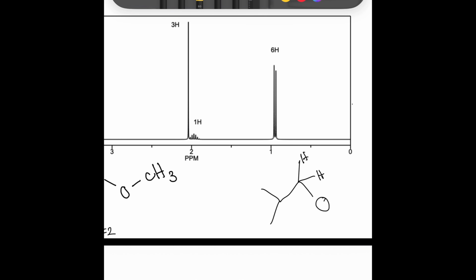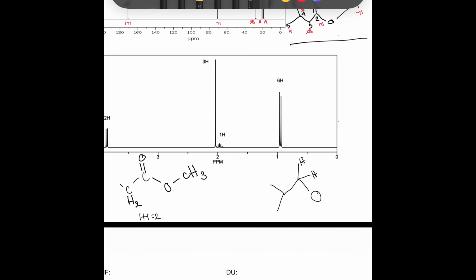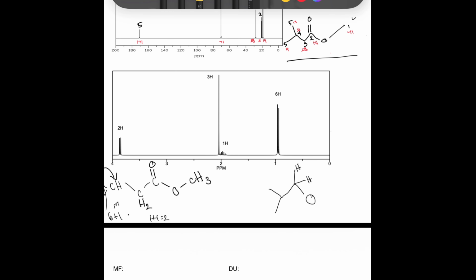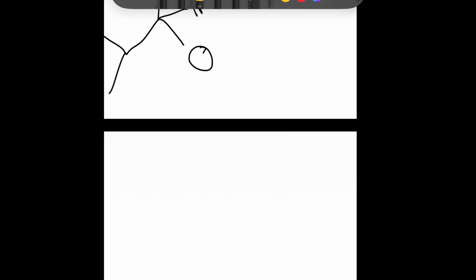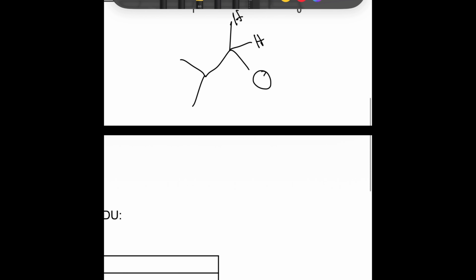And that would bring us into the range of the alcohol ether structure that I mentioned earlier. So now we can rearrange this structure into a structure that would fit the ppm displayed. We can draw a structure that would fit this, so I'm just going to draw that down here.